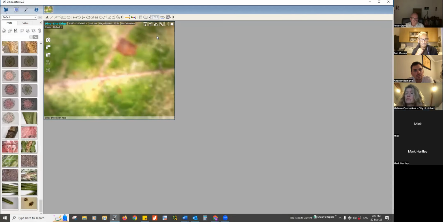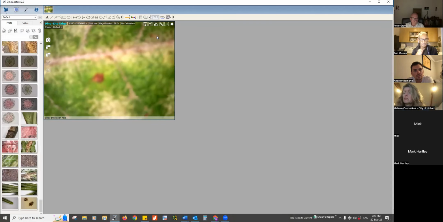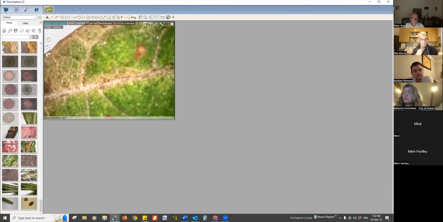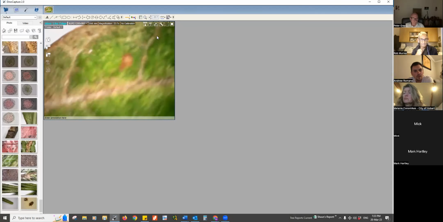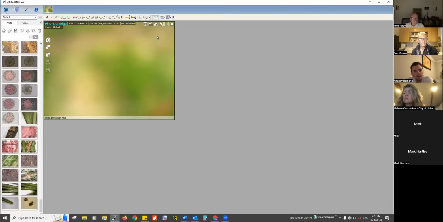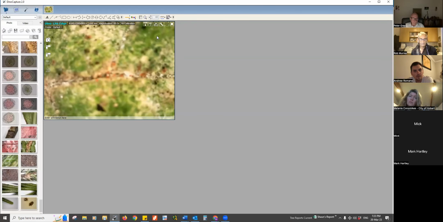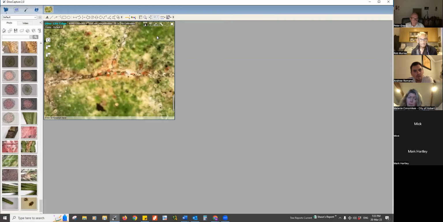So it was not looking that good. It was quite paled out. Stippling, remember, looks like the paintbrush effect. And I'm not convinced that I don't have a second species of mite on there yet. What the hell is that red thing?